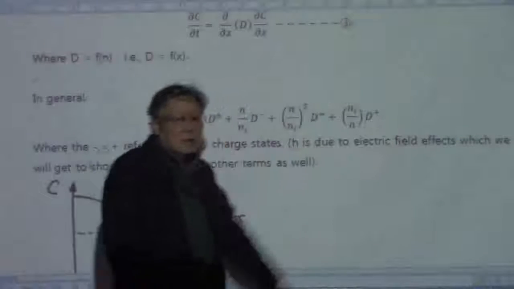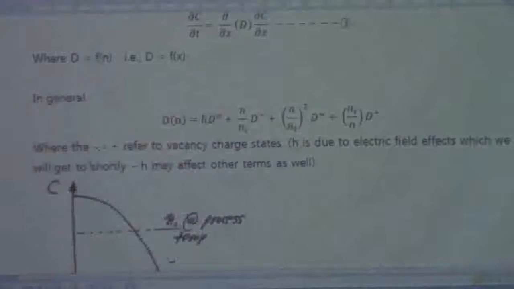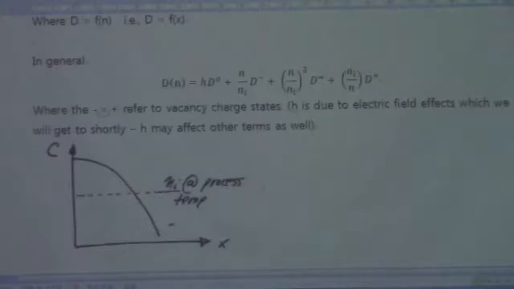We neglected the doubly positively charged vacancy case, because we cannot observe it in experiments. And here you can notice that we have an electric field correction term. We're going to talk about this in a minute.